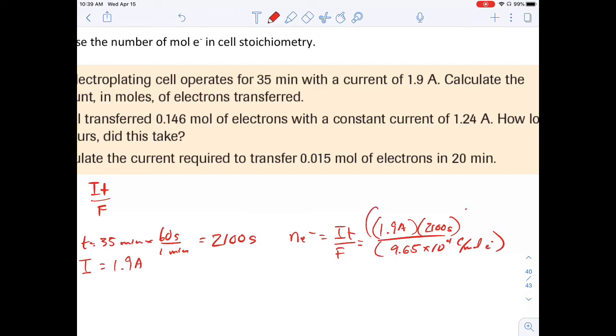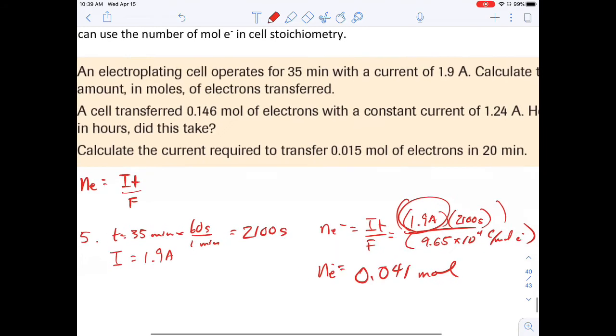I want to make sure I get my order of operations right. The number of moles of electrons is equal to 0.041 mole. I only have 2 sig digs here, so I should only have 2 sig digs in my answer.